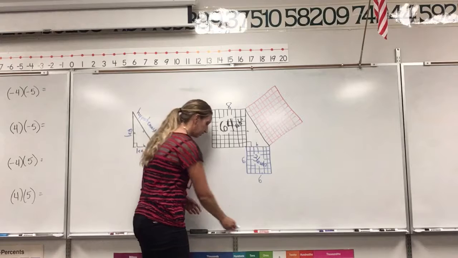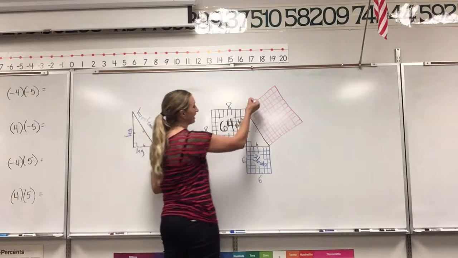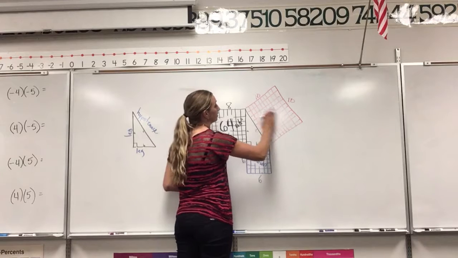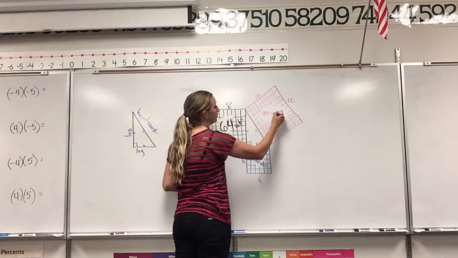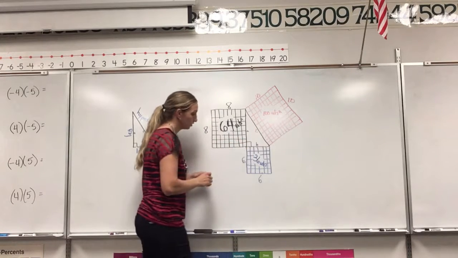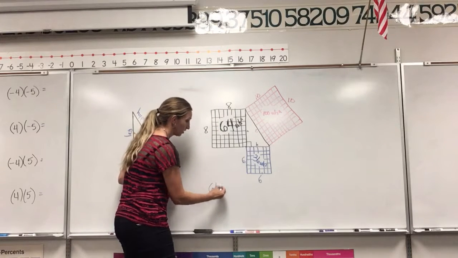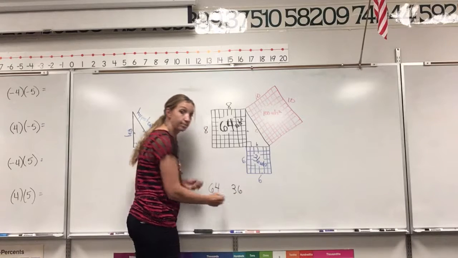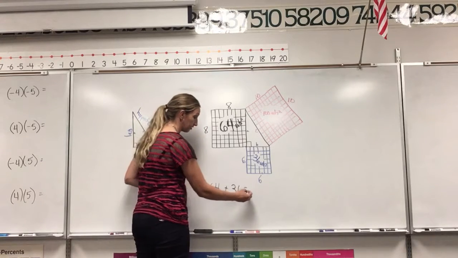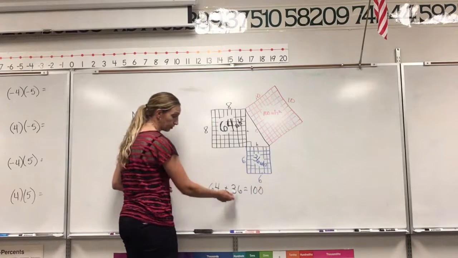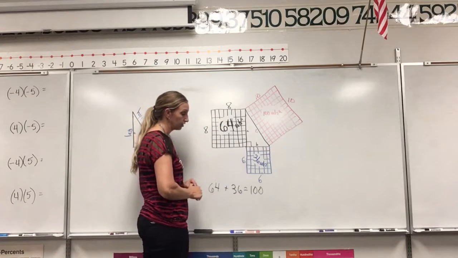This last one was a 10 by 10, so you guessed it, the area is 100 units squared. I took these two smaller ones, my 64 and my 36, and I added them together, and they equaled the area of this bigger one. So 64 plus 36 equals 100.